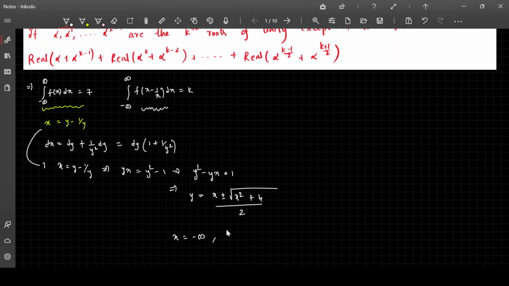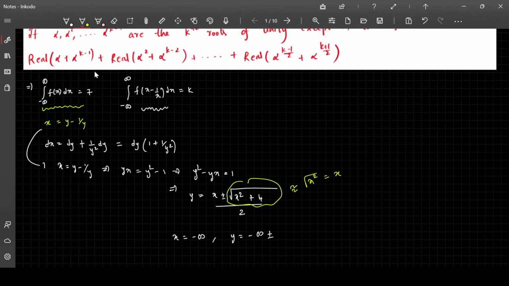So when you put x is equal to minus infinity, y would be minus infinity plus or minus, and because x is tending to infinity, x square will be positive and much bigger, and compared to that 4 is very negligible. So this whole part can be written as root over x square itself, which is basically x.